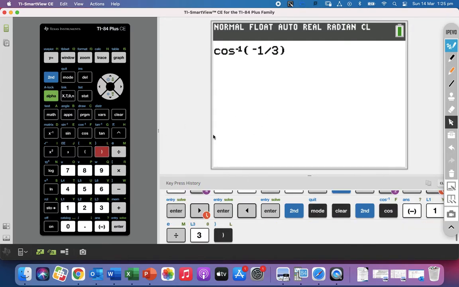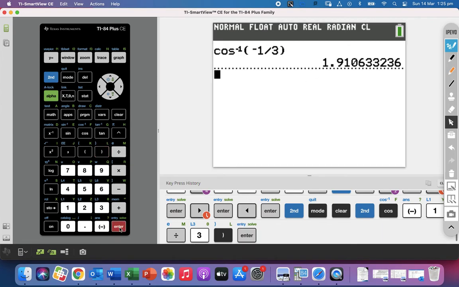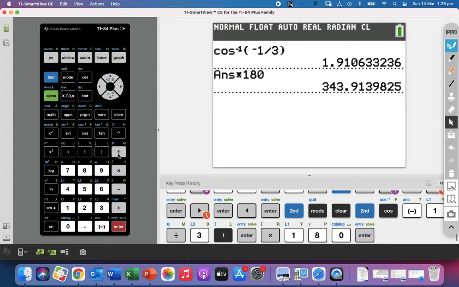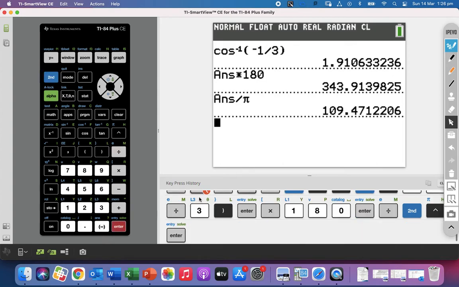Check I'm in radians, because in the last video I wasn't. And I've got 1.91 radians. In degrees, if you're interested, divided by pi, that's about 110 degrees, just so you've got a ballpark to work with.